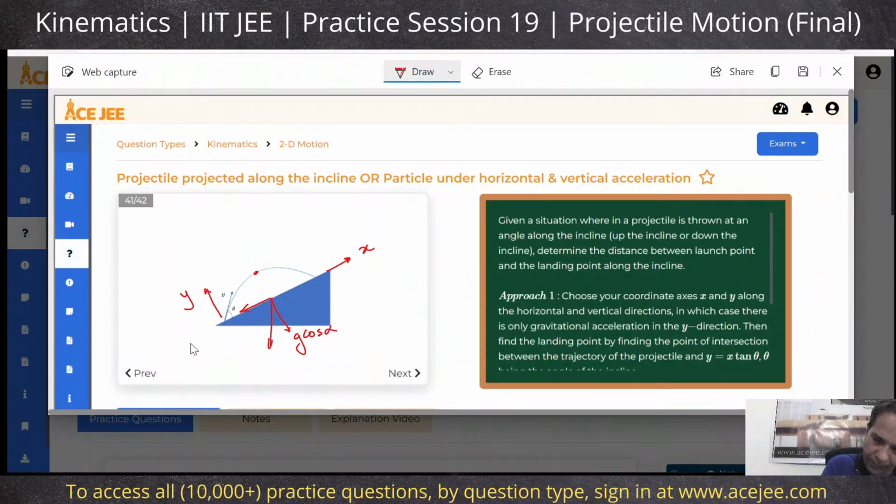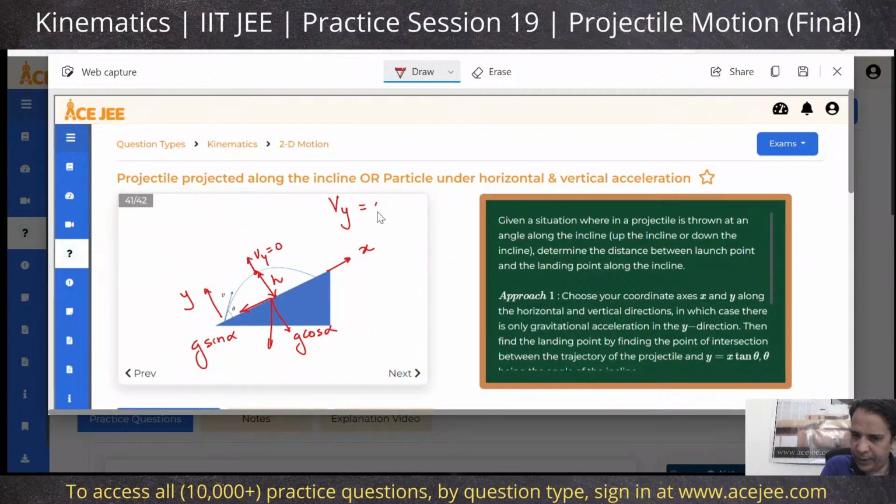Sir, you are finding the maximum height, maximum distance from the inclined plane. So we'll use that at this point, the projectile's velocity in this direction becomes 0, right? So Vy is 0 here.